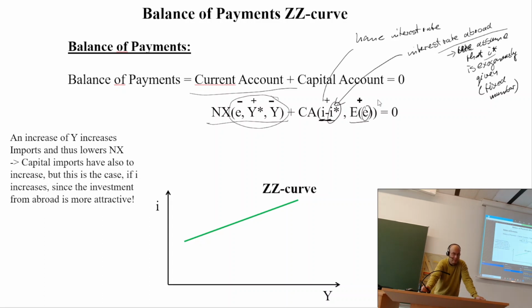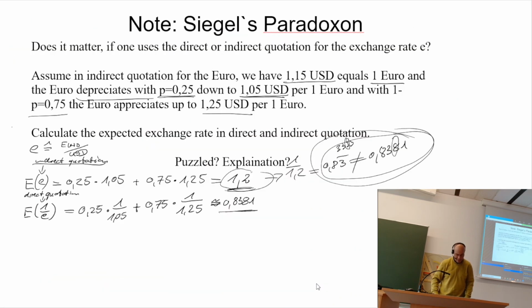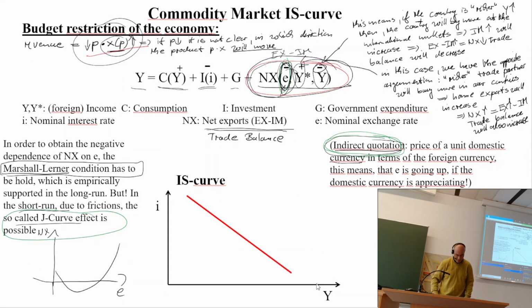Well, and remember from the IS-LM model, we gave the exposition in the diagram of interest rate and income. So LM curve here, interest rate and income, and here also for the IS curve, interest rate and income.